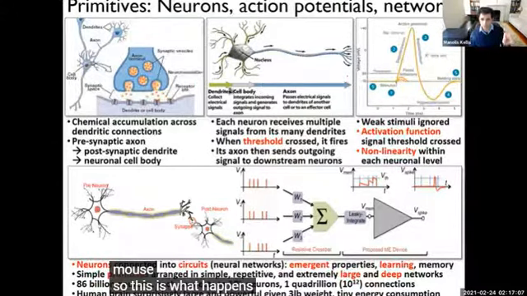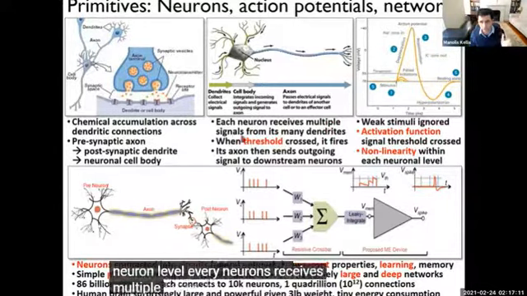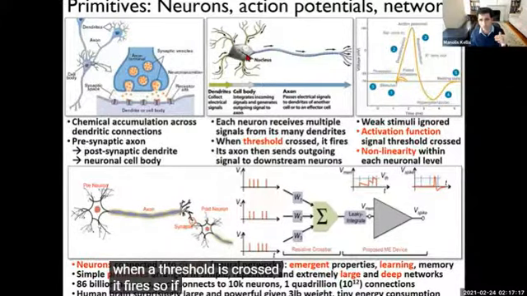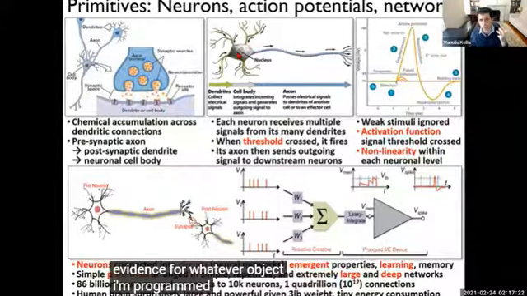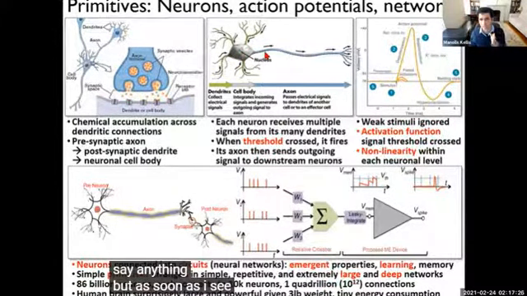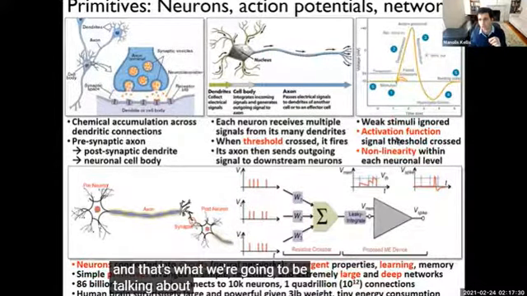So this is what happens at the neuronal level. Every neuron receives multiple signals from many dendrites, and when a threshold is crossed, it fires. If I don't have enough evidence for whatever object I'm programmed to perceive, then I don't say anything. But as soon as I see the evidence, boom, I fire. And that's what we're going to be talking about when we talk about activation functions.